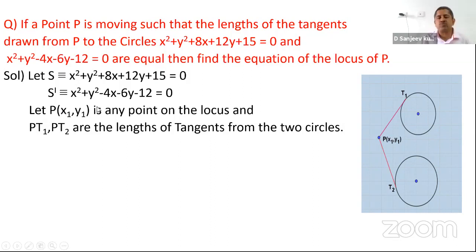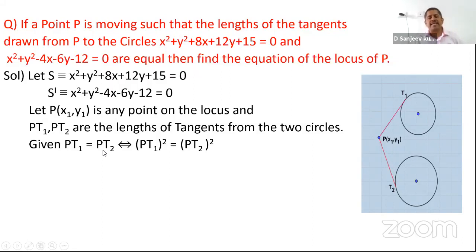Let P(x1, y1) be any point on the locus, and PT1 and PT2 are the lengths of the tangents from the two circles. So what is the condition here? Lengths of tangents are equal.